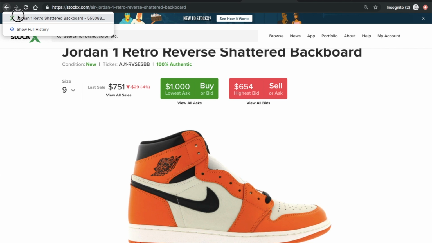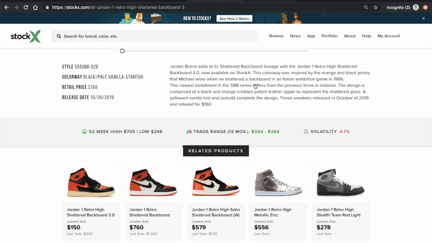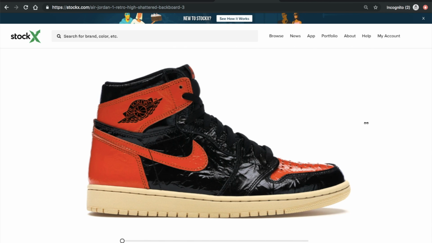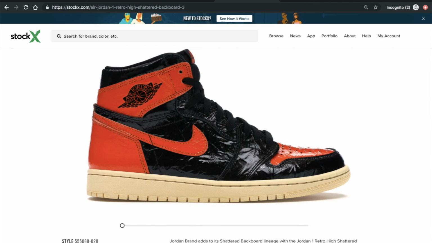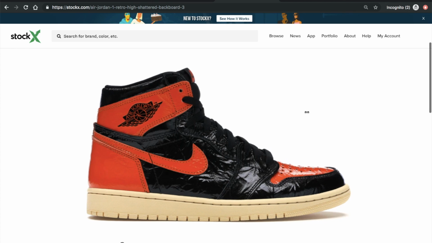Okay, one of the problems with these 3.0s is a lot of people don't like this weird glass shattered effect that they've added on the 3.0s. I understand that. It is true. It is unfortunate that they did this to us. Nevertheless, again, all I care about is my return on investment here, right?